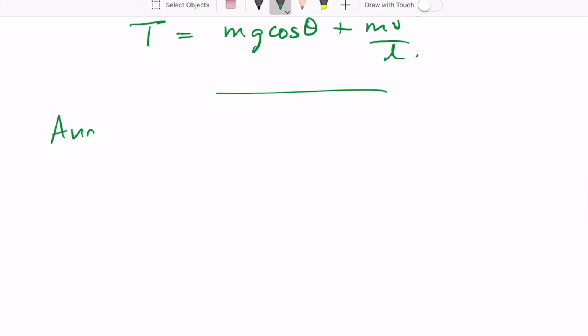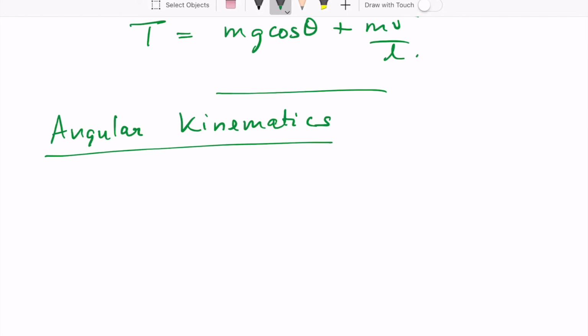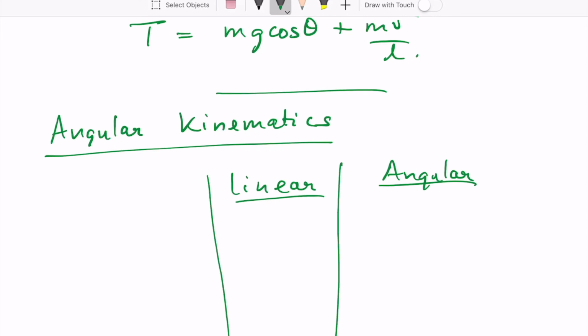Angular kinematics. Before we talk about that, let me just talk about one other thing. There's a nice analogy between linear quantities and angular quantities. Let's consider position.